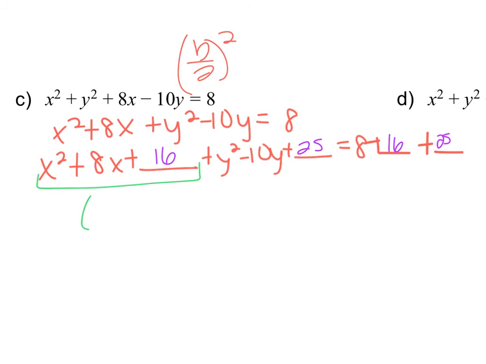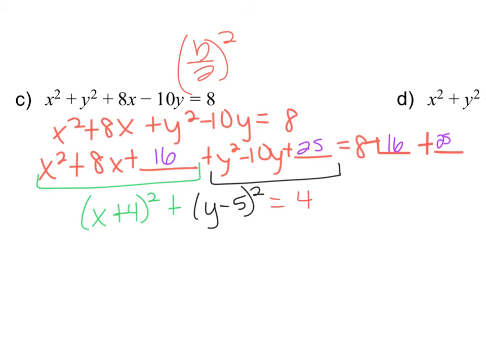That would be (x + 4)^2. Plus factor this next group. This would be (y - 5)^2 equals, and what's 16 plus 8 plus 25? It would be 49.